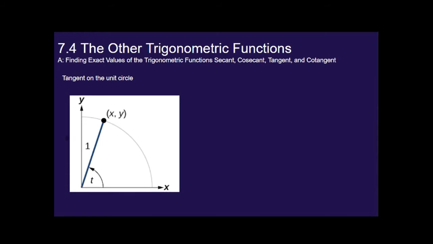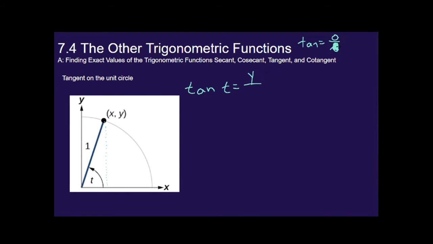Okay, so we know that tangent of t is equal to, right, TOA, tangent is equal to opposite over hypotenuse. Okay, so if we turn this into a right triangle, the opposite is going to be the y value over, not hypotenuse.